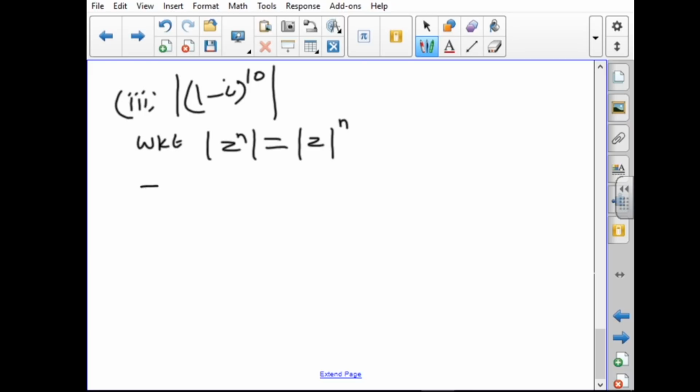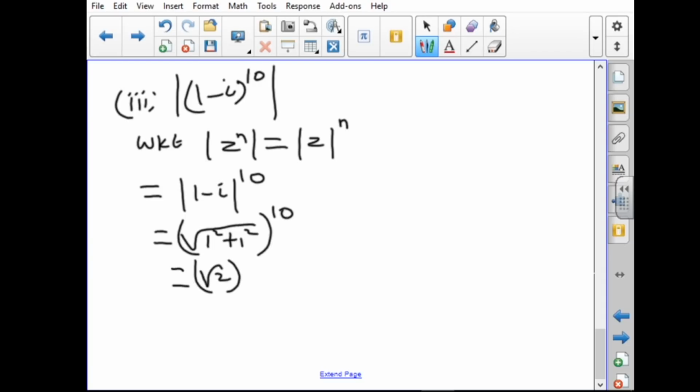So using this result, it is equal to modulus of (1 minus i) the whole power 10. So what is it? Square root of 1 square plus 1 square the whole power 10. So it is equal to root 2 power 10. So we know root 2 into root 2 is 2. So this becomes 2 power 5.